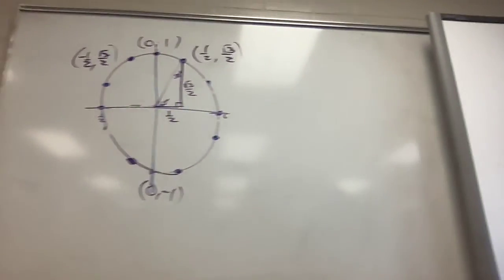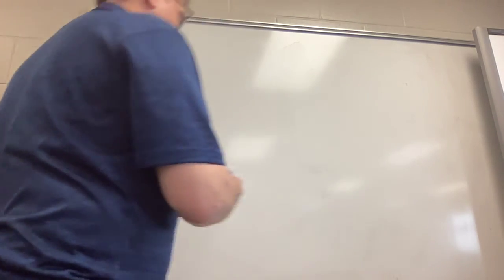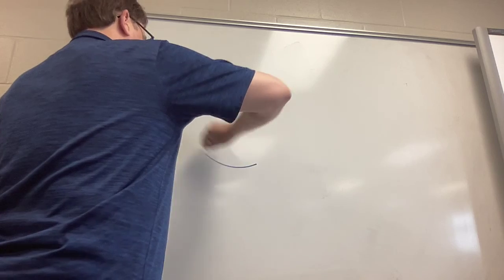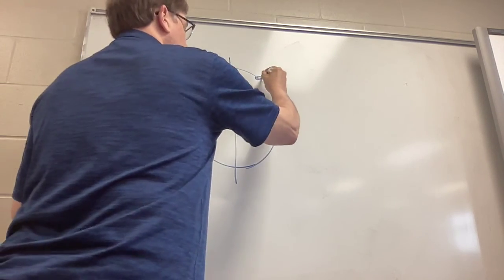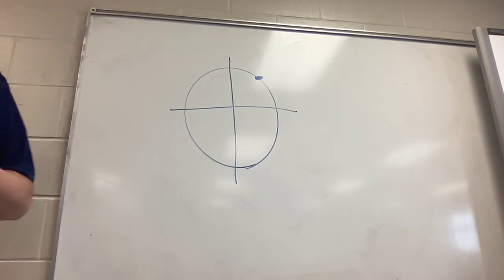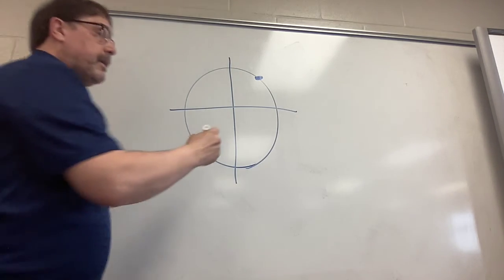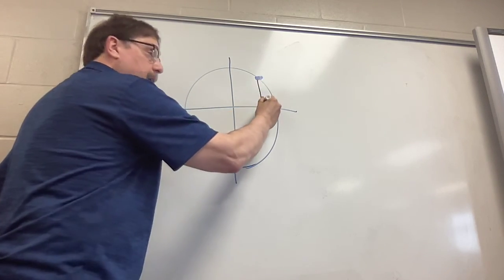All right, we have 4 more dots on our work in progress. And we're going to deal with this first dot right here. It's that one in the middle. Go down like we always do.